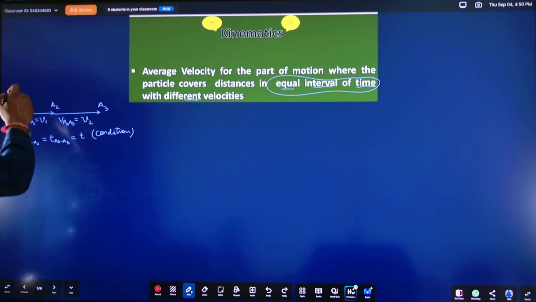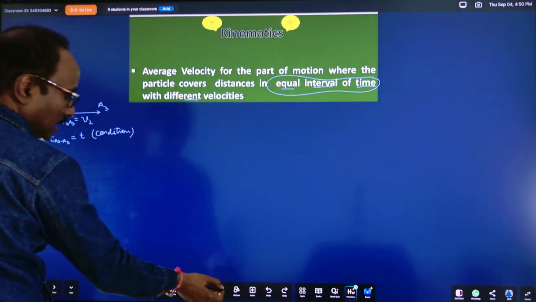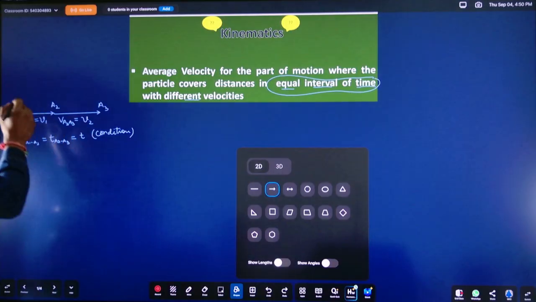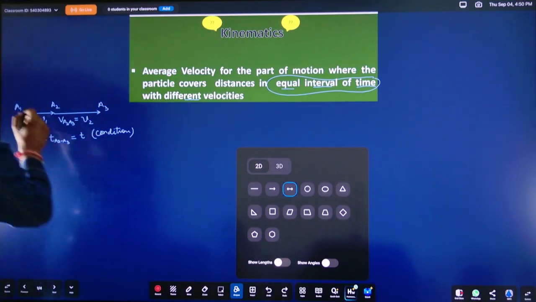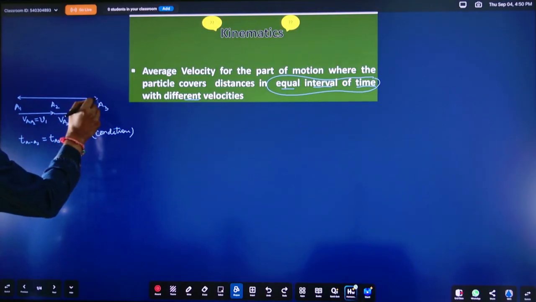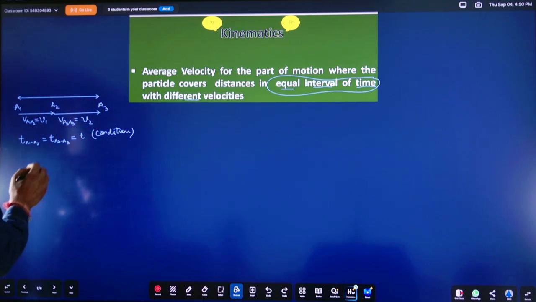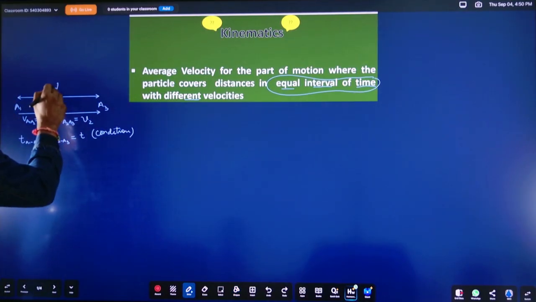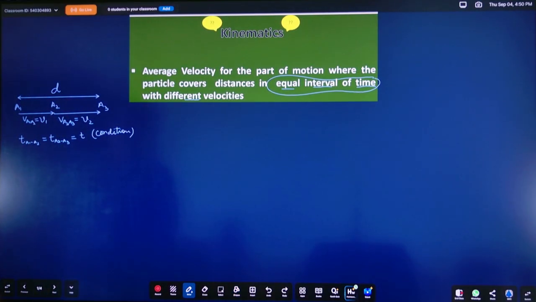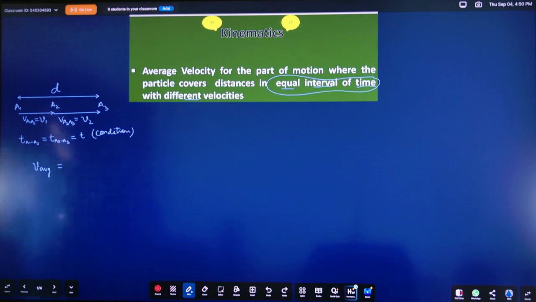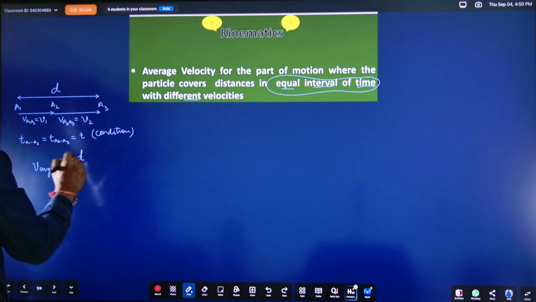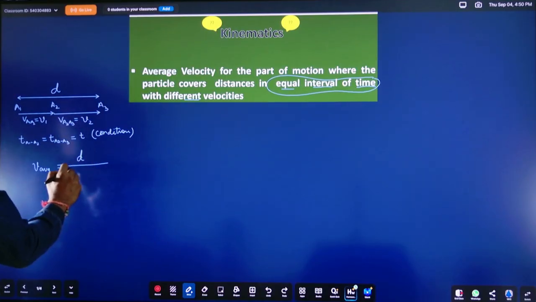So if we say that the distance from A1 to A3, or total distance from A1 to A3 in straight line, that is displacement, is d, then average velocity, by definition you know, is displacement by total time taken.